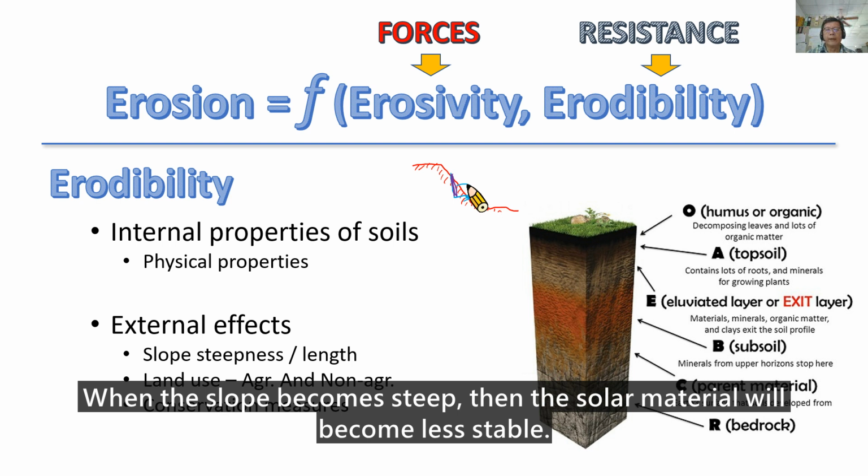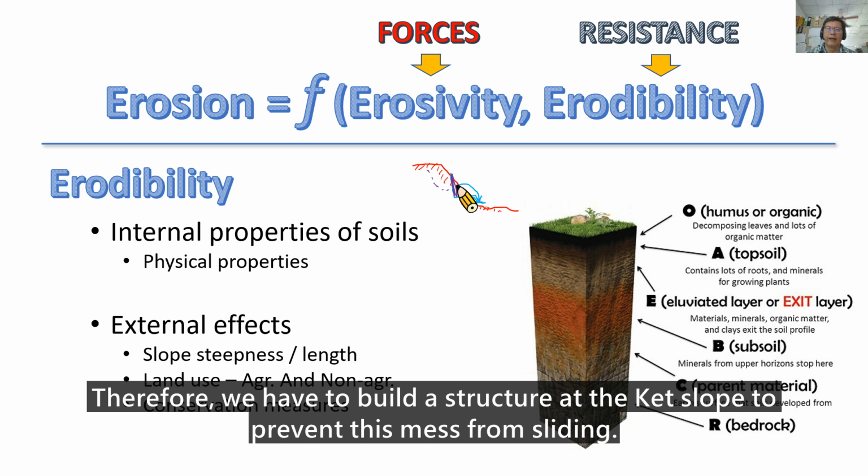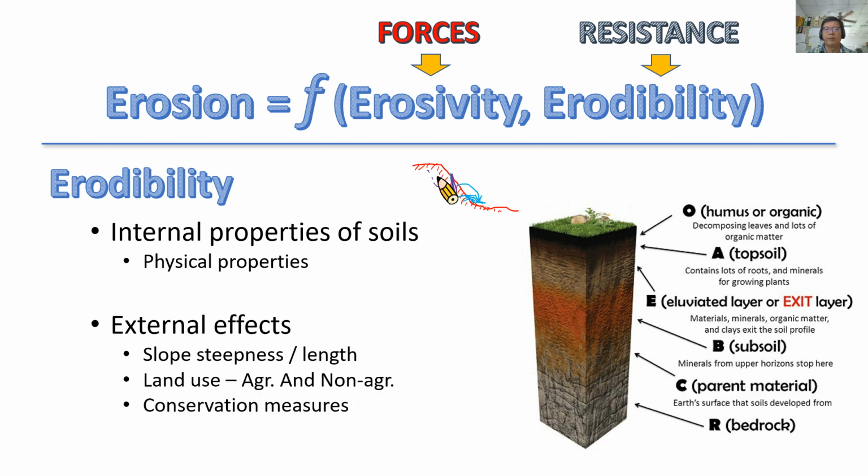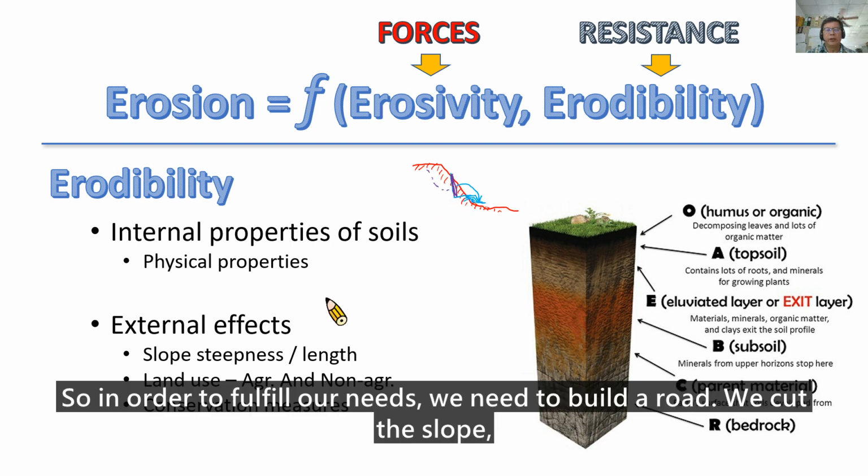When the slope becomes steep, the soil material will become less stable. Therefore, we have to build a structure at the cut slope to prevent this mass from sliding. So in order to fulfill our needs, we build a road.